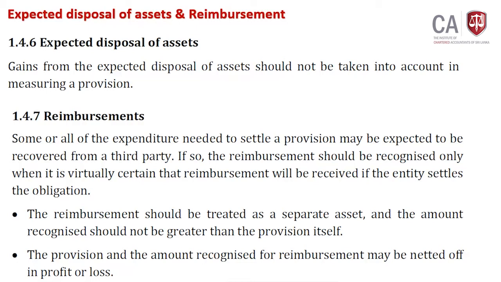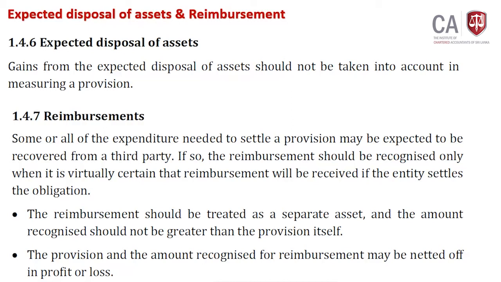However, you can't recognize that receivable greater than what? Provisions. Let's say to do some repairs and replacement you spend 1 million rupees. You are expecting to recover 1.5 million. Reimbursement should be treated as separate asset. That amount recognized should not be greater than provision.